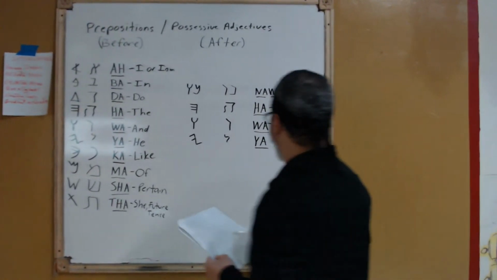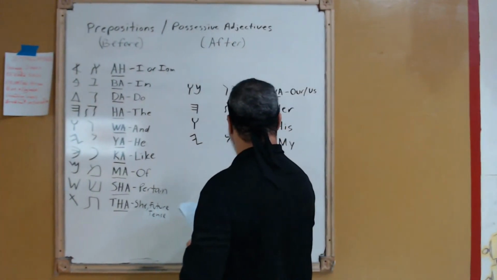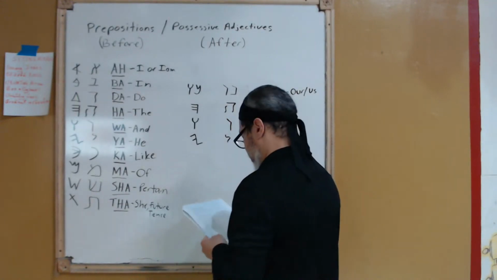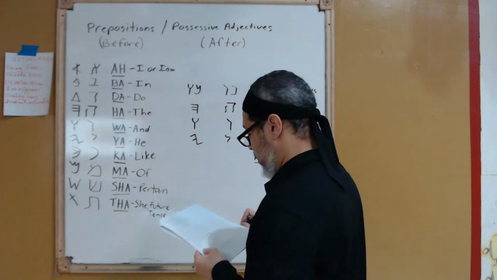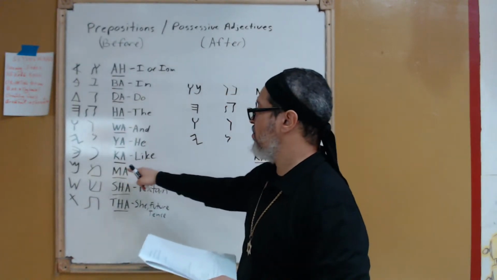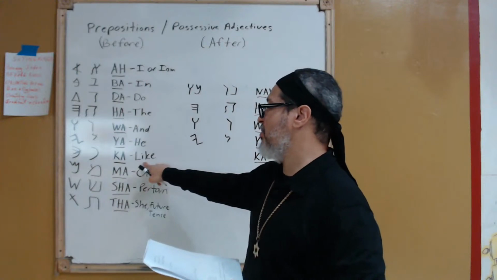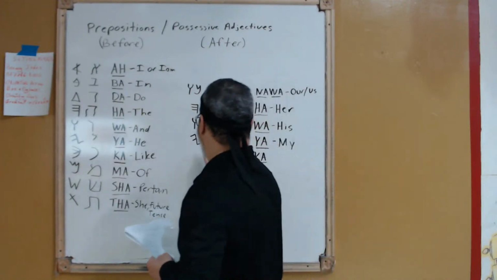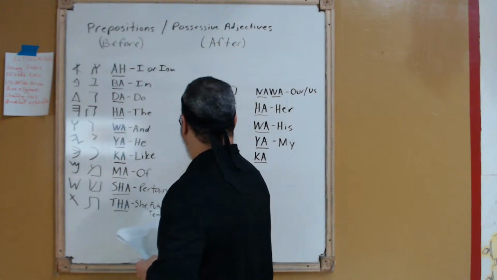Next we have ka. The ka symbol, at the beginning of the word, it's "like". Same symbols here. So we draw it like this.